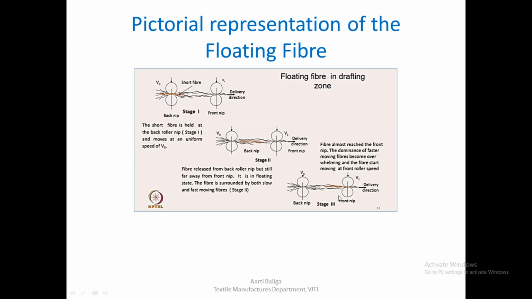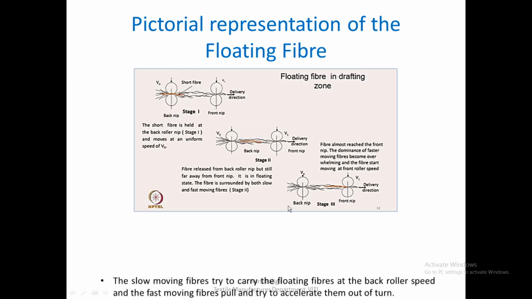Coming to stage 3, the floating fiber would have almost reached the front roller, and now it will be under the influence of the fast moving fibers as well as the roller nip here, and the fiber starts moving at the front roller speed. So this would be the situation that this floating fiber would be in, starting from the back roller nip to the front roller nip.